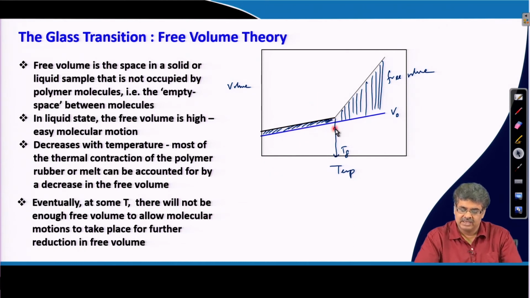So, this is Tg. Basically, eventually at some temperature Tg, there will not be enough free volume to allow molecular motions to take place for further reduction in free volume.